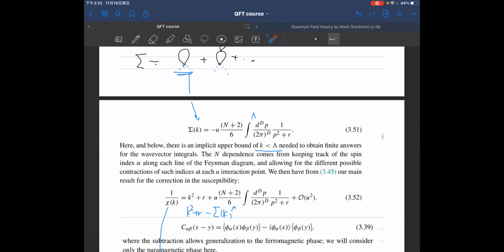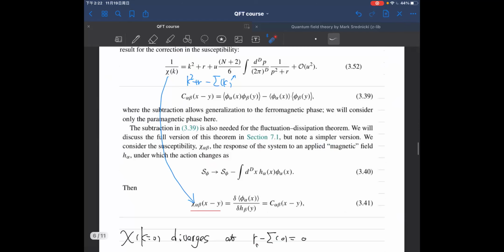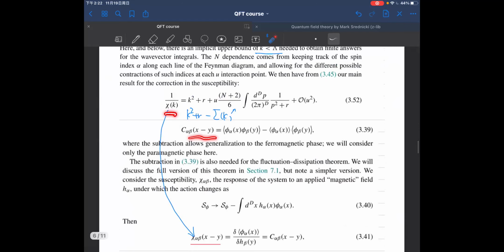It has some physical meaning. What does that mean? Susceptibility. It is derived from the two-point correlation function, say alpha beta.